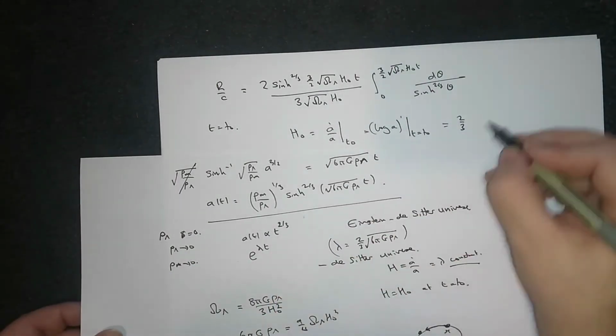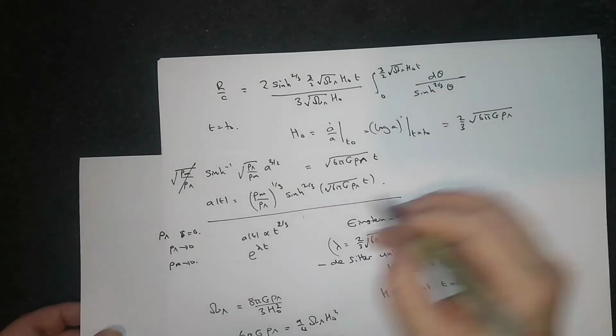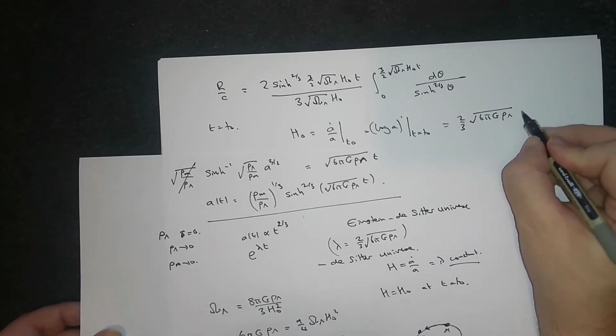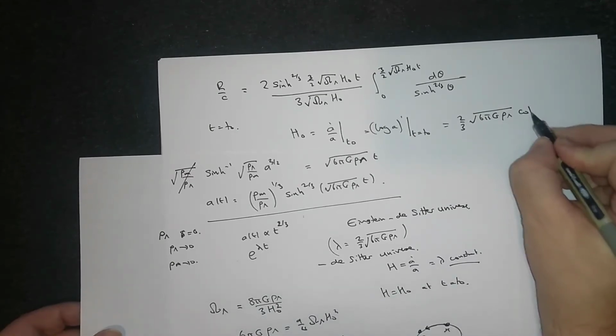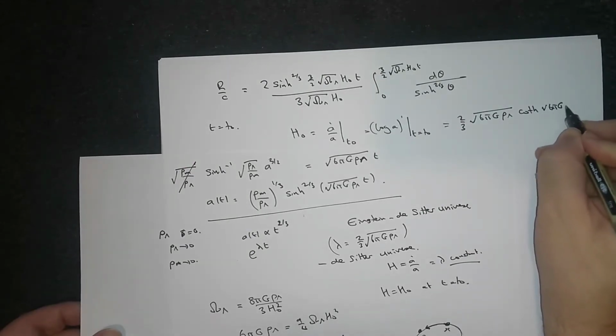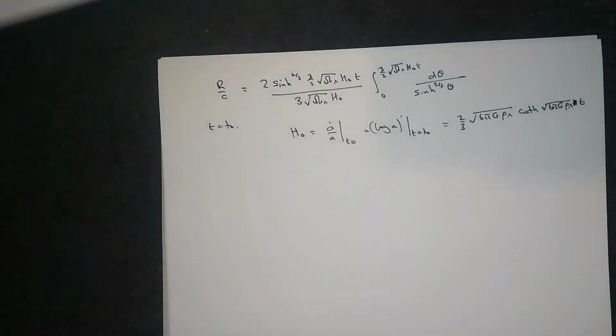We're going to get root 6 pi G rho lambda. We're going to get a cosh over a sinh, which is a coth, lambda t.